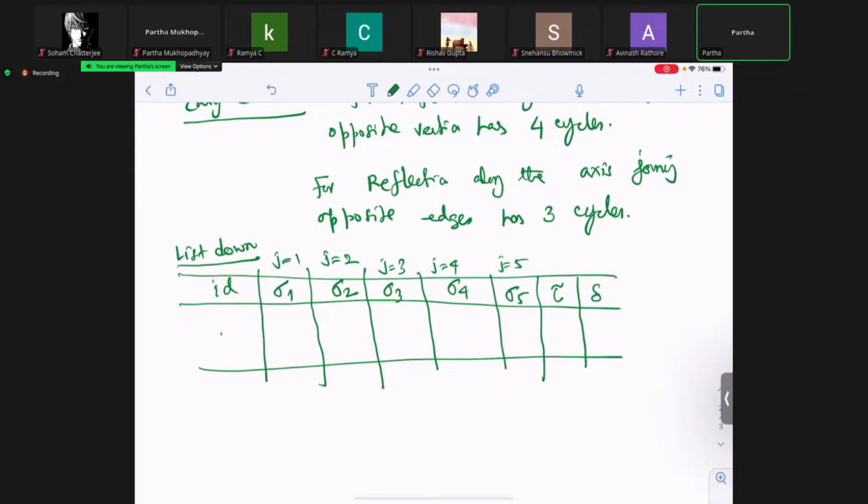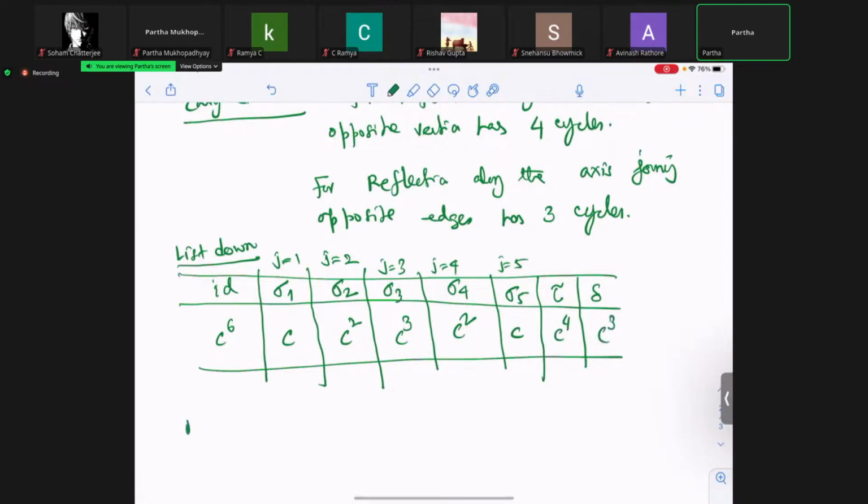So the identity gives c power 6, sigma 1 gives just c, and sigma 2 we computed is c squared. This will be c cube, this again c squared, and this is c. Each tau has 4 cycles, so c power 4, and each delta will be c power 2.